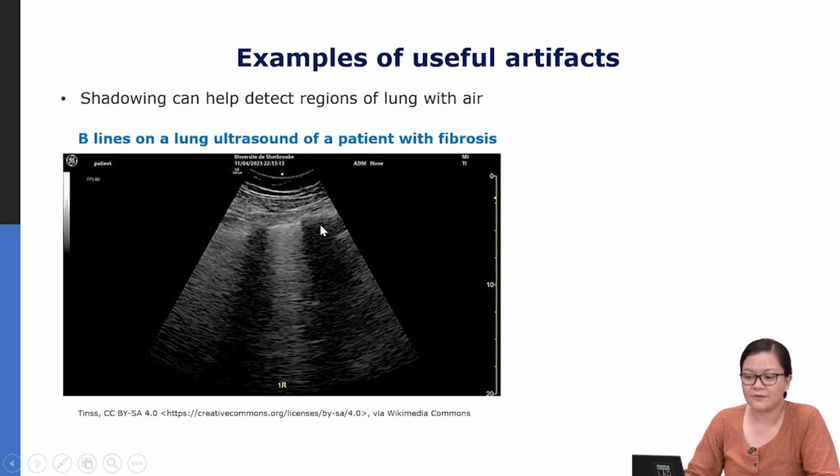But if there is some fibrotic tissue, then the ultrasound signal would go through the lung and be able to propagate deep into it. These high echogenic regions that you see are called B lines on lung ultrasound. This was quite useful for determining whether patients with COVID had that disease, fluid-filled lungs.